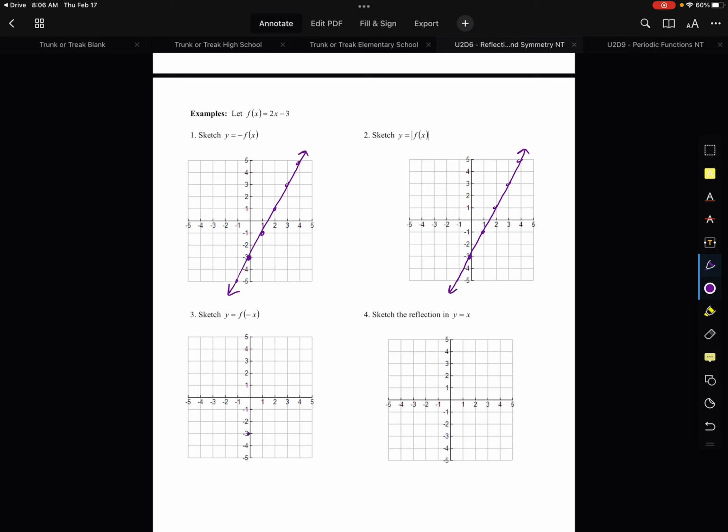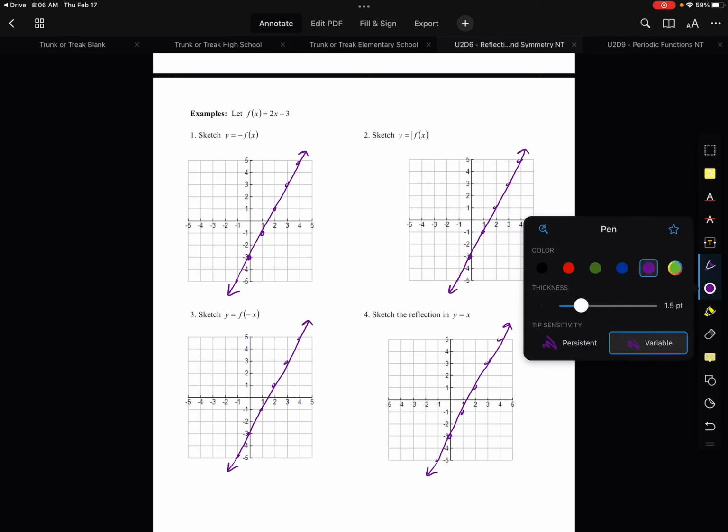Original. And original. All right, so what happens with our flips?